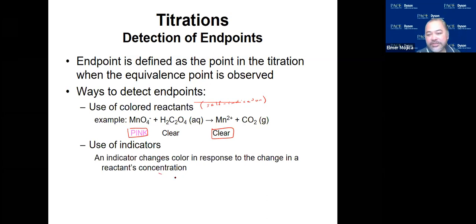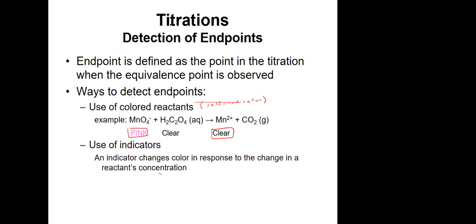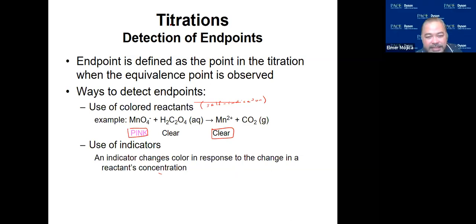So what's the indicator that you know? Example of indicator. What about starch and iodine? Will that be an indicator? Yes, but we don't use them for titration unless you are reacting vitamin C and iodine.